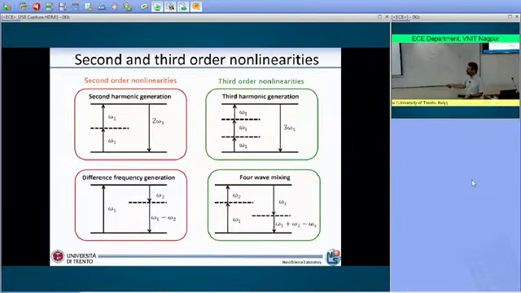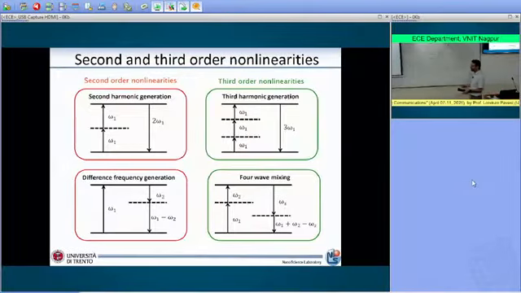So those photons are in the infrared, and this photon is in the blue. By the way, if you want to generate attosecond pulses, you use high-order harmonic generation, but this is another story. So 3 photons interact in order to give you back 1 photon.